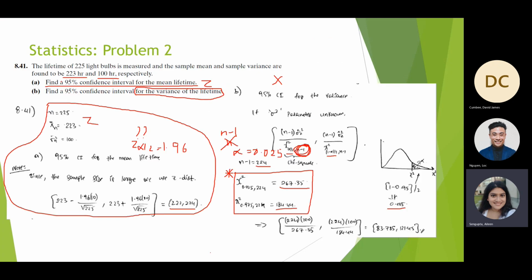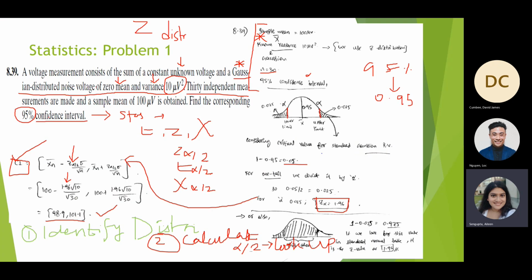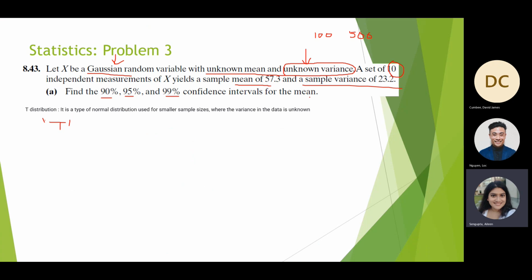Like 223 hours, a lifetime of 225 bulbs, so 200 in number. Here you have also studied that there are 30 independent measurements, so n is almost 30. Compared to that, 10 is kind of low. Usually with 10 or fewer, I would say it is an interesting observation.